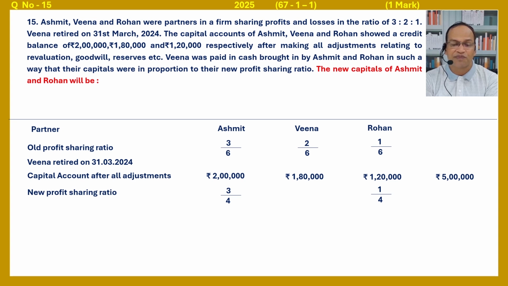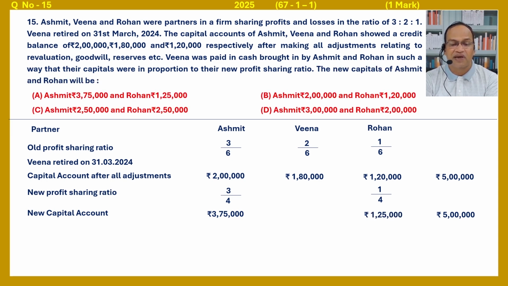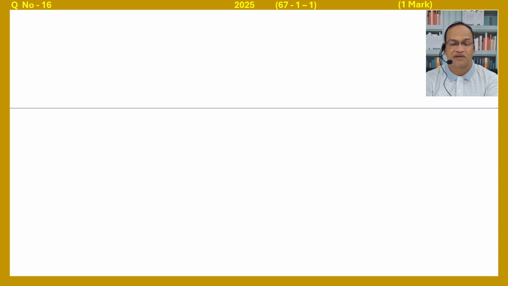The new capital of Asmit and Rohan: 5 lakh by 4 is 1 lakh 25,000, into 3 is 3 lakh 75,000, and 1 lakh 25,000 into 1 is 1 lakh 25,000. Here Asmit's capital is 3 lakh 75,000 and Rohan's capital is 1 lakh 25,000. Answer is A.